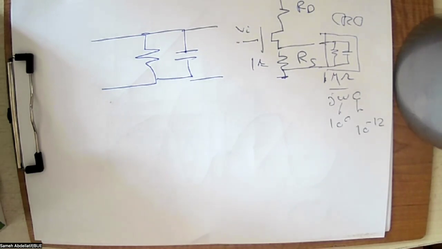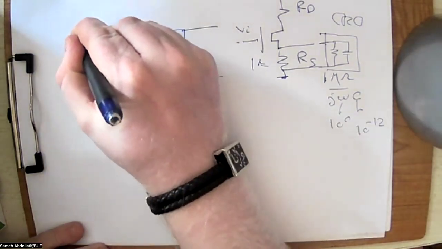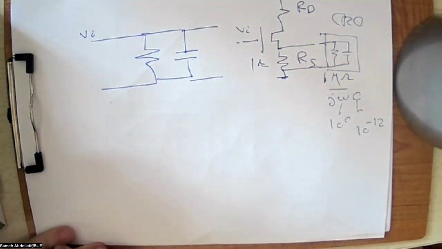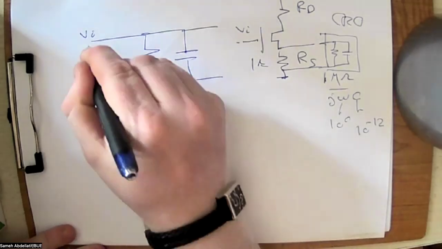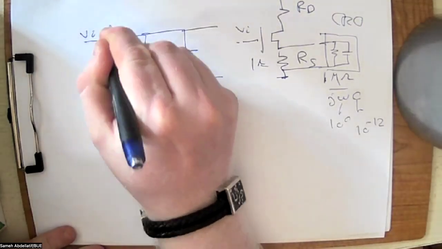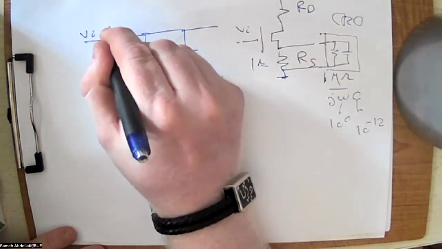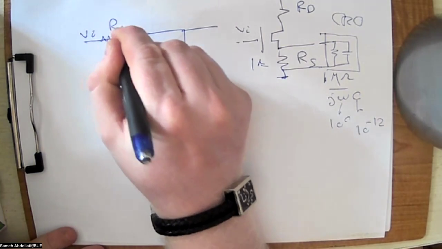The second important effect is the filtering effect. Let's say this is the input, and your signal is going to pass through this circuit. So this is the input with some sort of a resistance. This is, for example, the input resistance of your source.